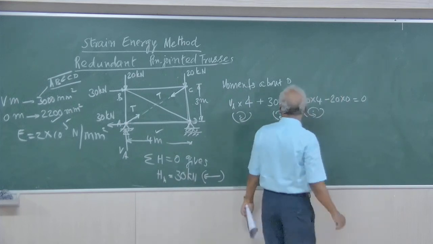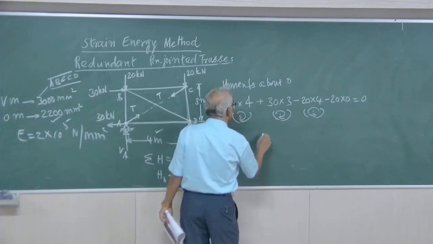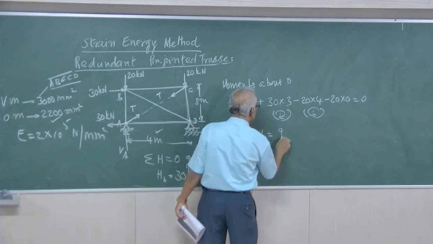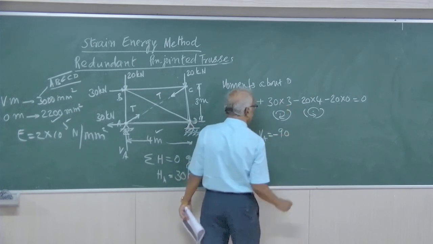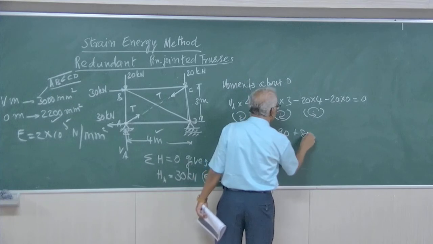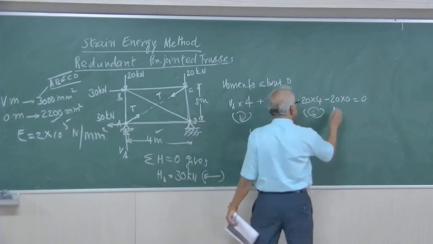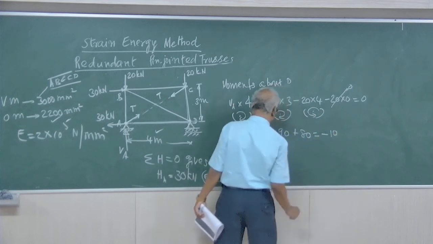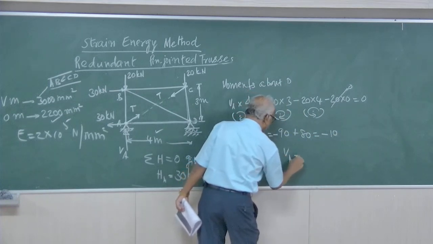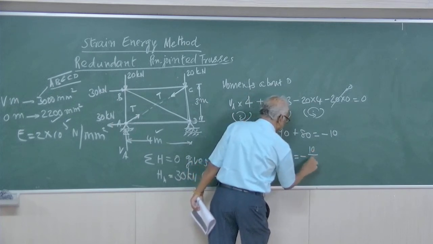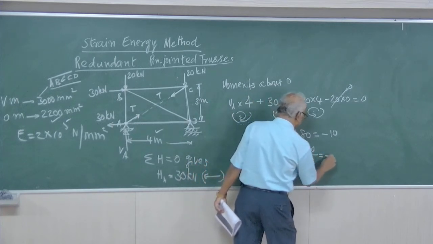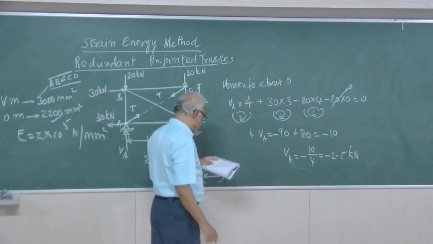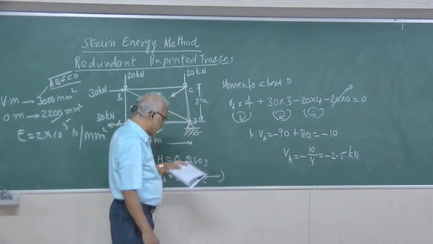So this will give you 4 VA plus 90 minus 80 equal to 0, so 4 VA equal to minus 10. Therefore, VA equal to minus 10 by 4 equal to minus 2.5 kilonewton.